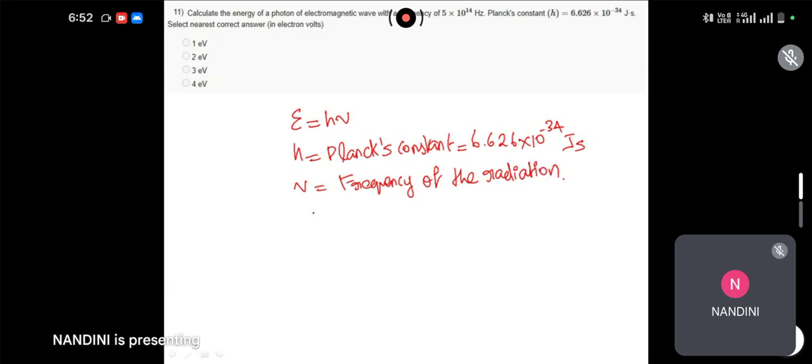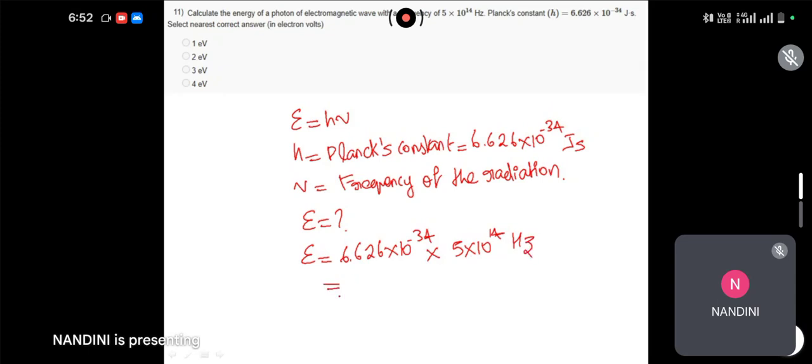So we need to find E here in the question. Both h is given, nu is also given. So E is 6.626 into 10 raised to minus 34 into the frequency of radiation, which is given as 5 into 10 raised to 14 hertz.